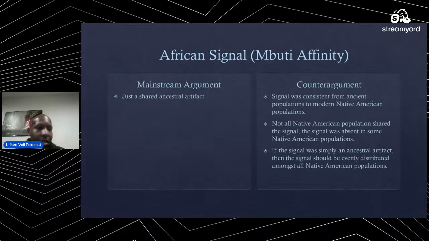The mainstream argument is that it was just a shared ancestral artifact. The counter argument is that the signal was consistent from ancient populations to modern Native American populations. Not all Native American populations shared the signal. The signal was absent in some Native American populations. If the signal was simply an ancestral artifact, then it should be evenly distributed amongst all Native American populations. That's normally how it goes.